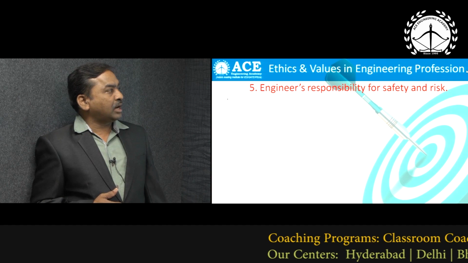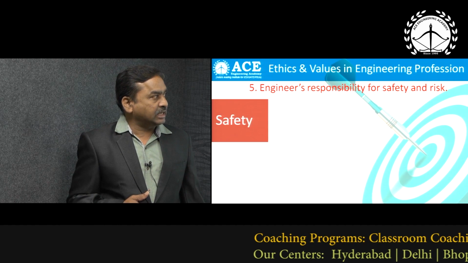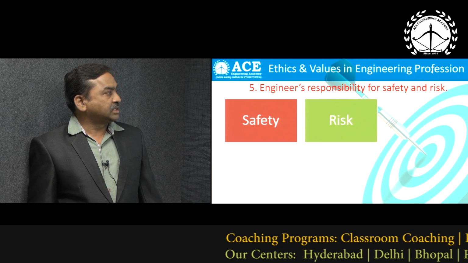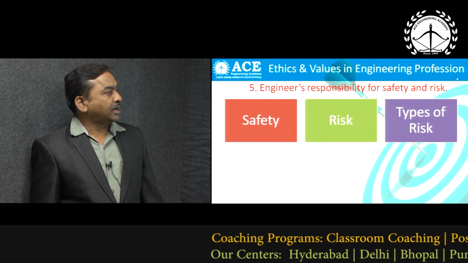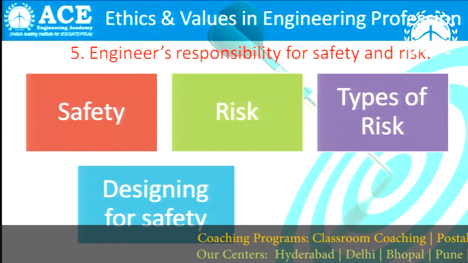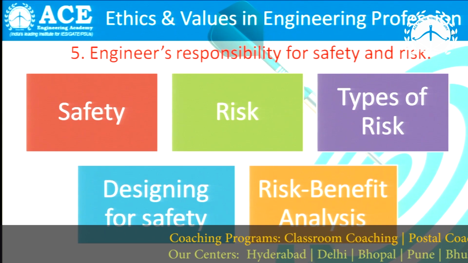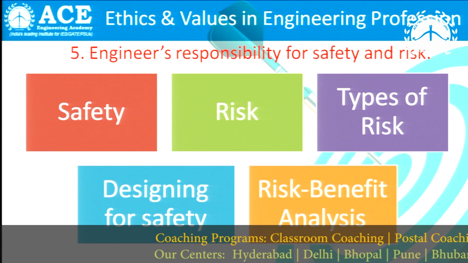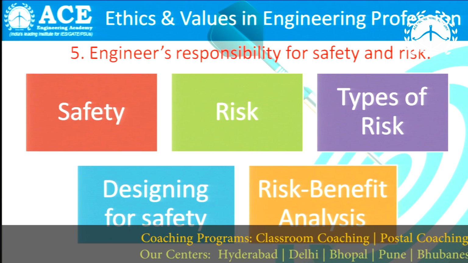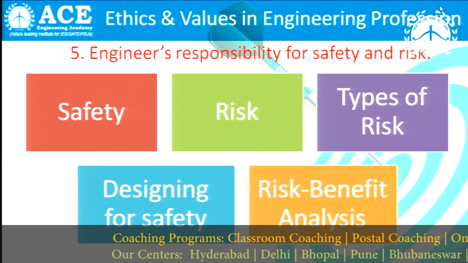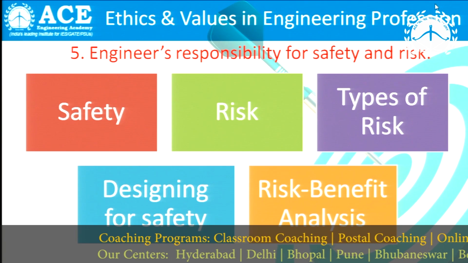Engineer's responsibility for safety and risk. The important topics here are safety, risk, types of risk, designing for safety, and risk benefit analysis. Quickly we'll go through these points. What is safety? My dear friends, safety and risk are two sides of a coin called engineering design.